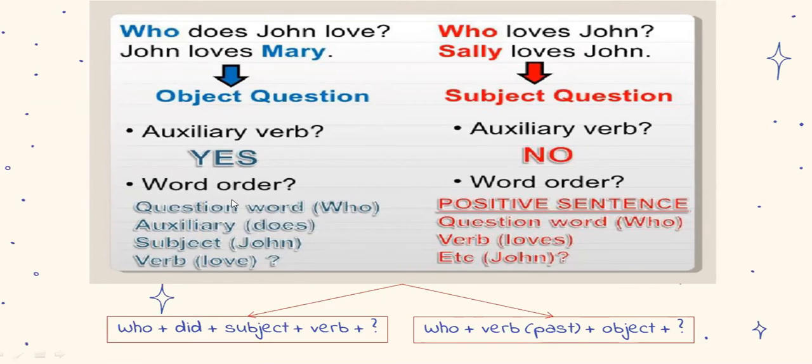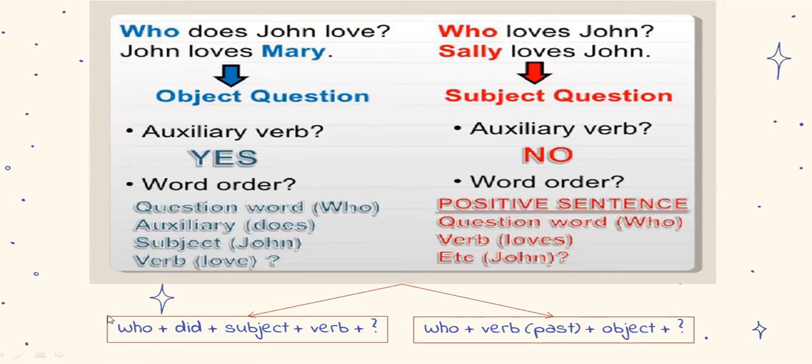And this is the word order. First, the question word who, the auxiliary. In this case, we just did, but here we have does because of the example. Then the subject, that is the person that does the action. And what is that action? Love. So this is the order.